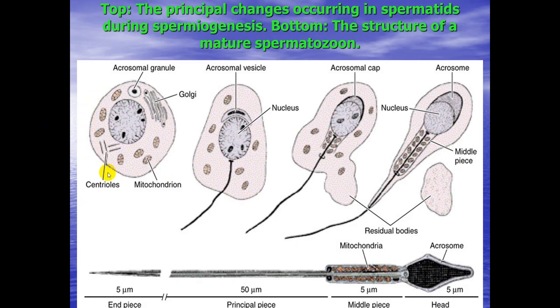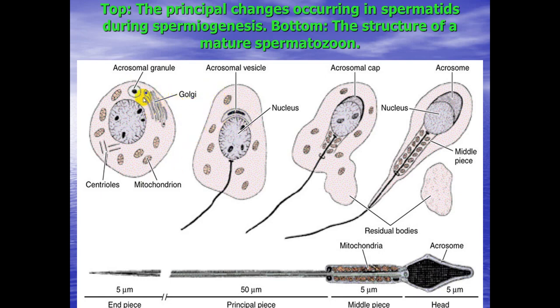You see that the spermatid undergoes very deep and serious changes. First of all, it is an oval-shaped cell with a very well-developed Golgi apparatus, 2 centrioles, and a lot of mitochondria. Then in the Golgi apparatus appear the hydrolytic enzymes, and this Golgi apparatus transforms into the acrosomal vesicle.